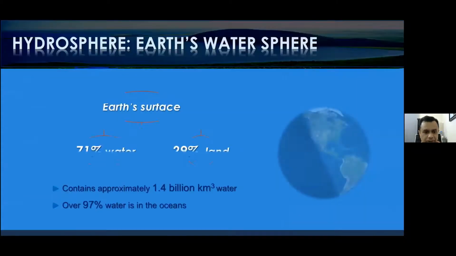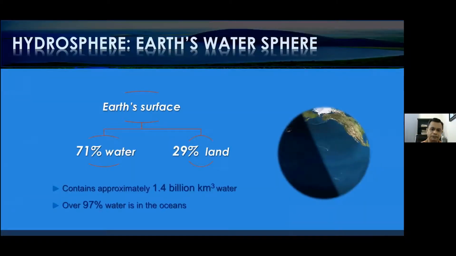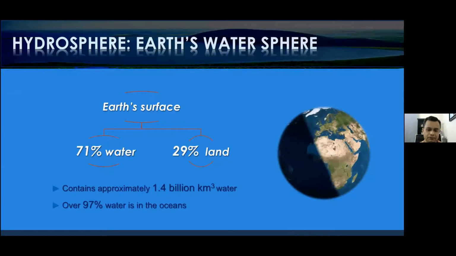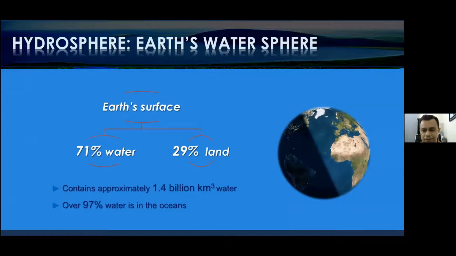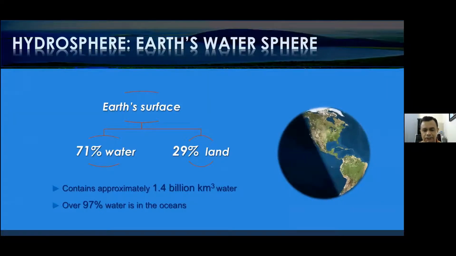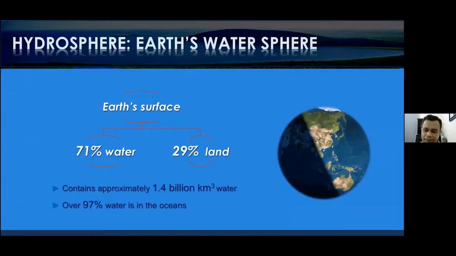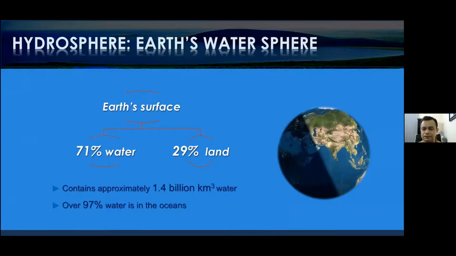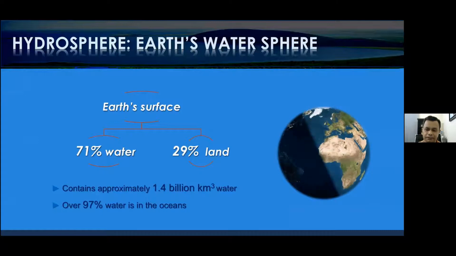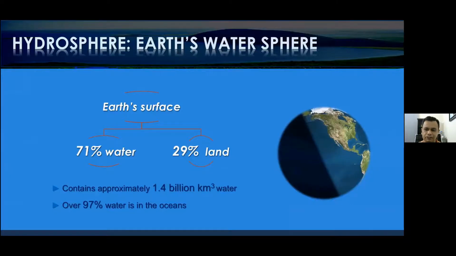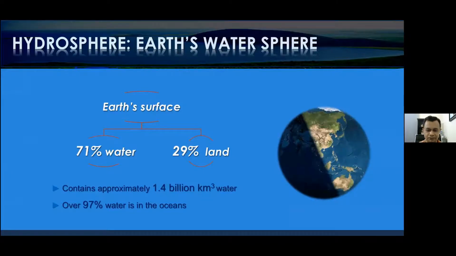First of all, we all know that on our Earth's surface, we have about 71% water and 29% land. In this 29% of land, we normally have the continental surfaces, some mountainous areas and other areas. But in the 70% of water bodies, we have a huge diversity of features.